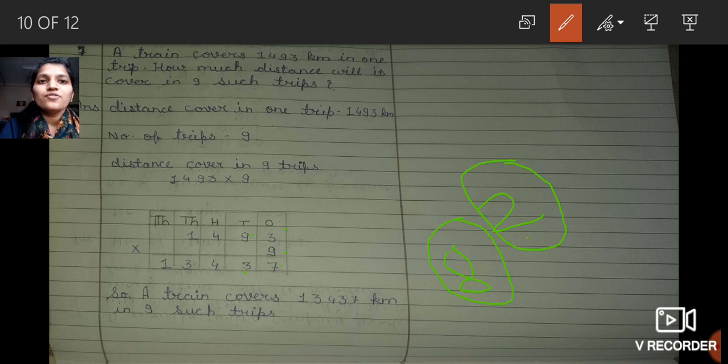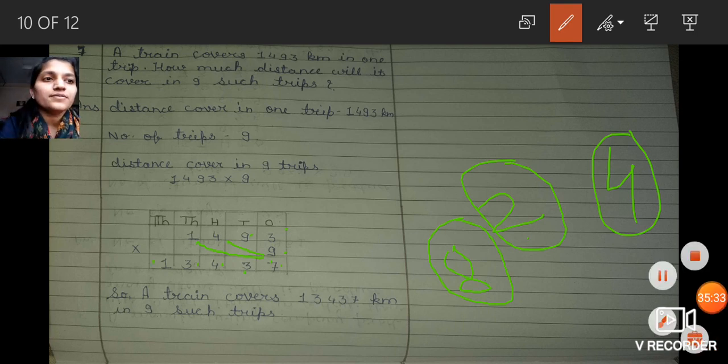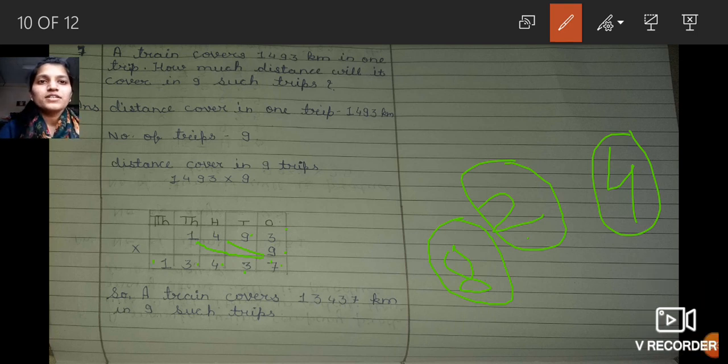Okay, 9 fours are 36, yes 36, and 36 plus 8, 44. So 4 we are going to write here, 4 will be carry over. 9 ones are 9 and 9 plus 4, 13. So 13 I have written here.